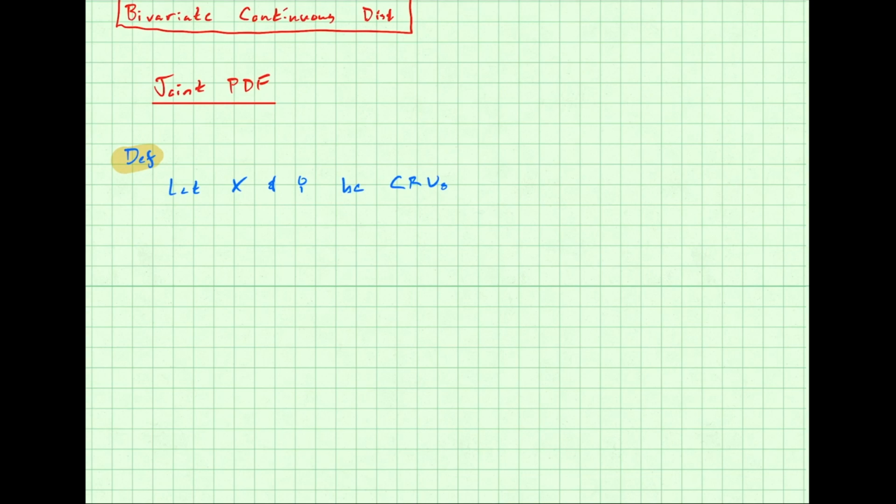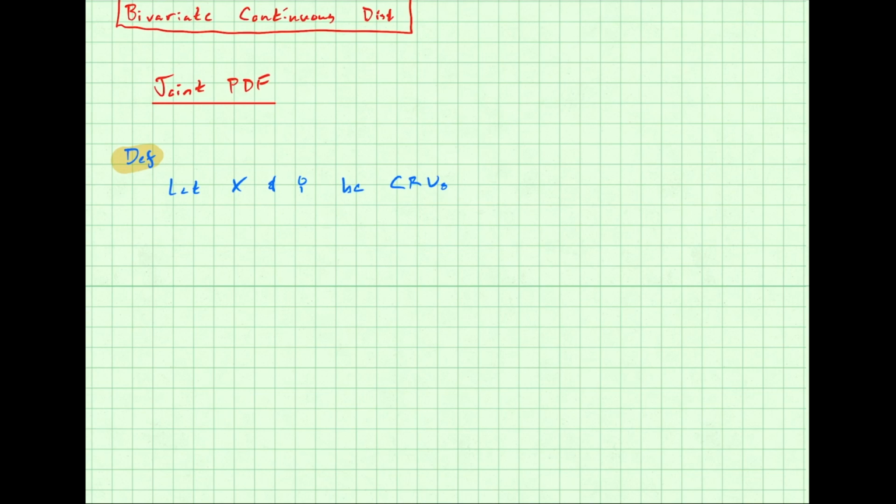I don't know if you remember this, but the probability density function for the univariate case, for one continuous random variable, is called a density because it's sort of like a probability per unit length. You have to multiply or integrate over some length to get a probability out of it. We're going to do something similar here, but we're not going to be looking at just lengths. We're going to be looking at some region in x and y space. So not just some interval in x, but some interval in the two-dimensional space of x and y.